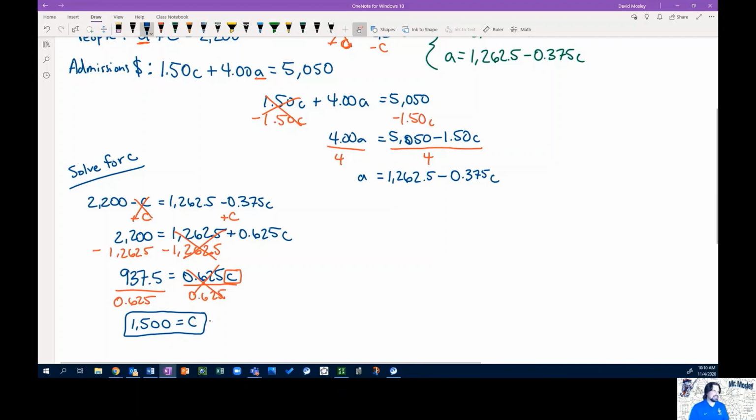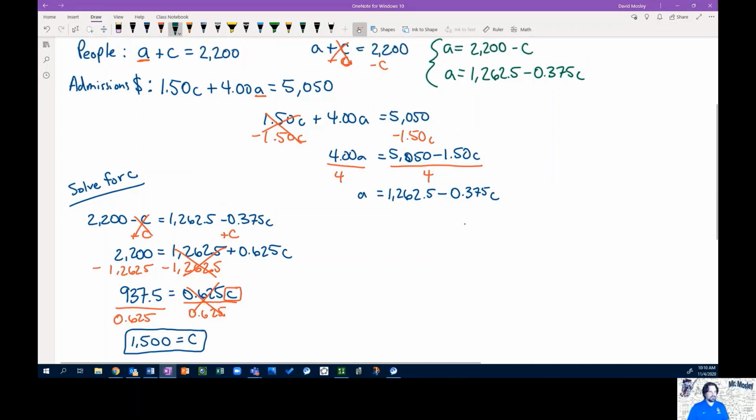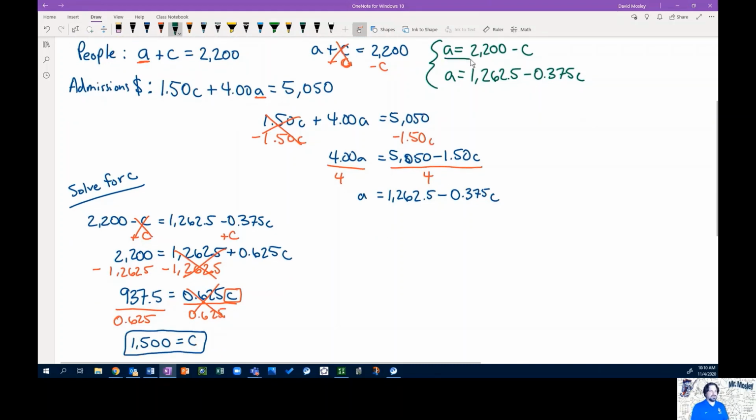Now I need to take this number and put it back into one of the two equations. I always like to choose the simplest equation. The simplest equation is this one. So I'm going to take this value of C, 1,500, and replace it here.